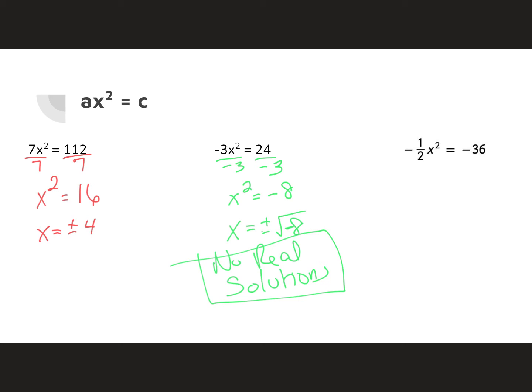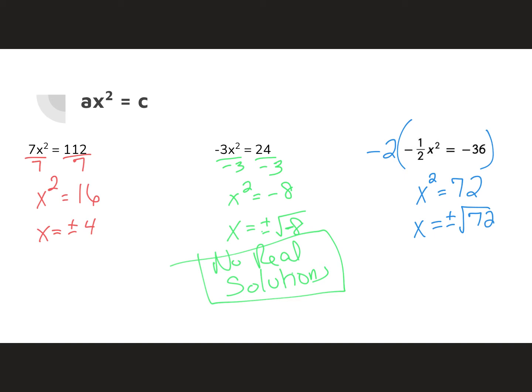And then let's go over here and look at this last problem. So what if I'm being multiplied by a negative fraction? The opposite of multiplying by a negative fraction, I'm going to multiply this entire thing by negative 2. That will give me x squared equals 72. And then, again, I'm just going to take the square root of both sides. I get x equals positive and negative square root of 72.